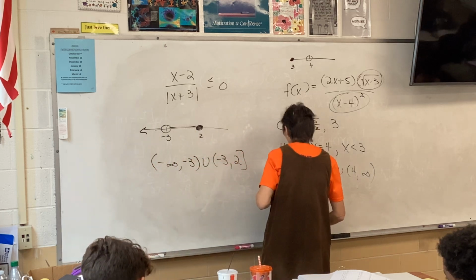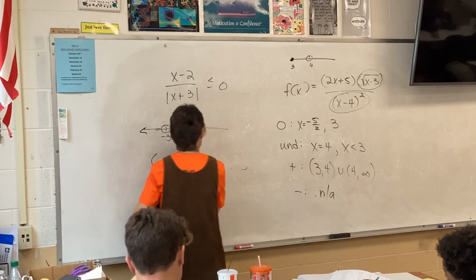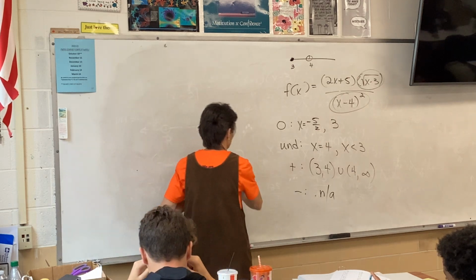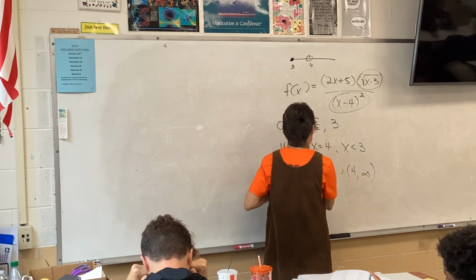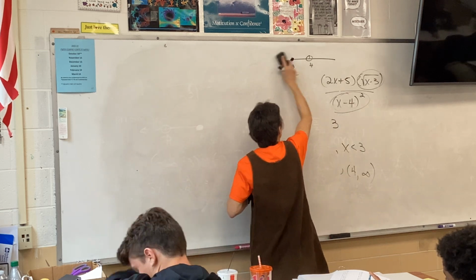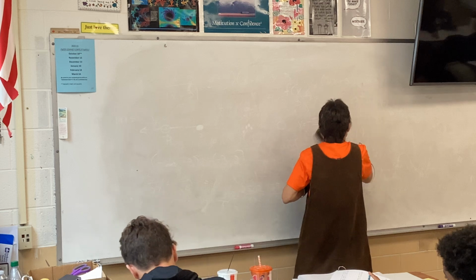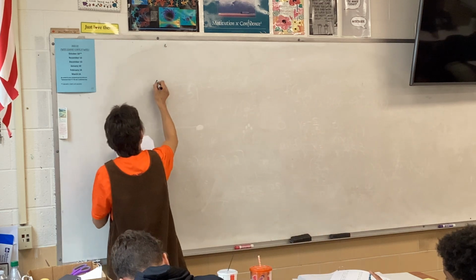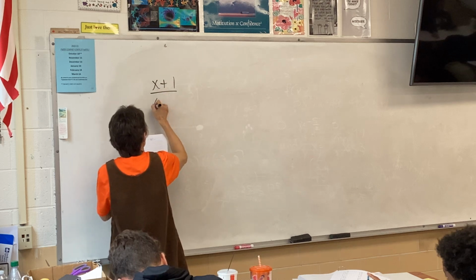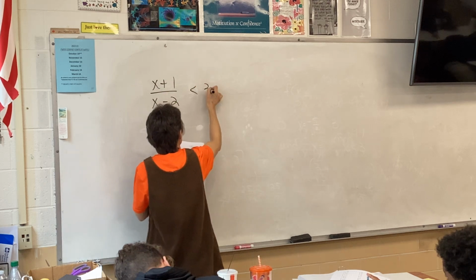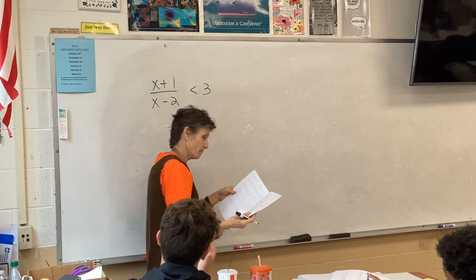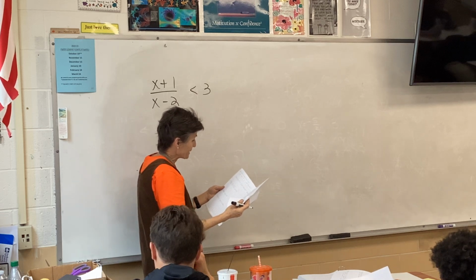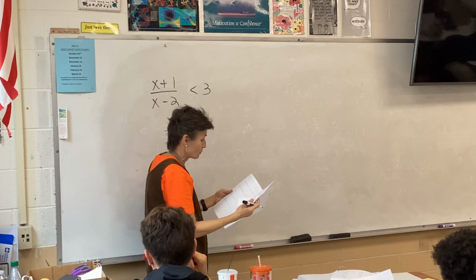All right, so now we've got some we actually have to solve. I want you to think about a couple of problems we did yesterday, like back in the beginning of this section, like problem number 2.